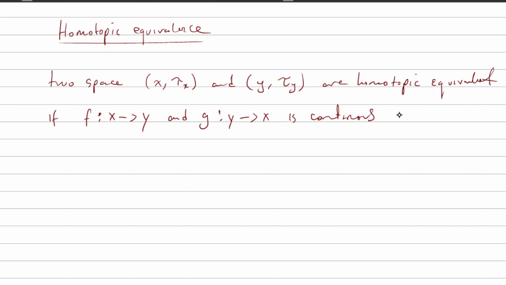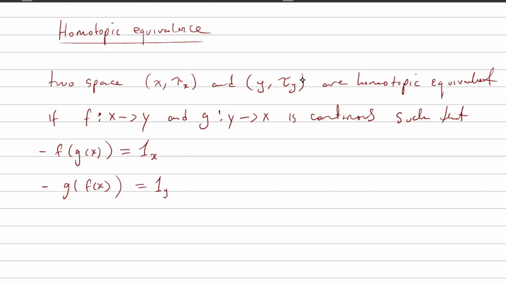If these two are inverses, what we expect is that when you take f of g, let's say of x, you get x, and when you take g of f of x, you get y. Basically we say the identity of x, and here the identity of y, because it will depend on the function. So basically this is homotopic equivalence.